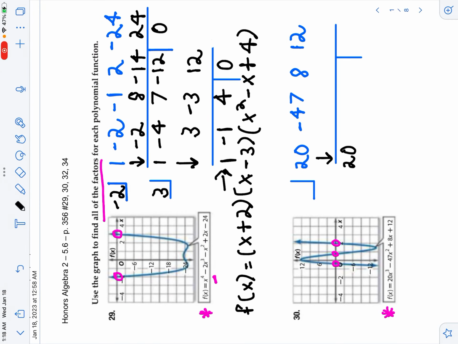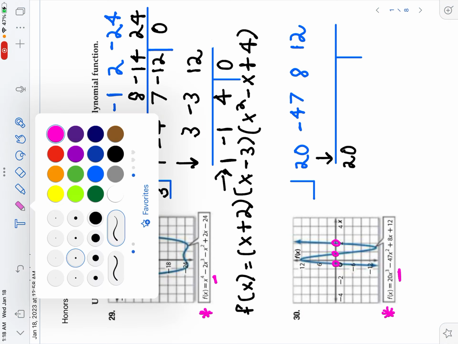All right, so in number 30, I have lots of choices, but we're starting with a cubic here when I look at my function. So I only need to do one synthetic division to reach the quadratic level.